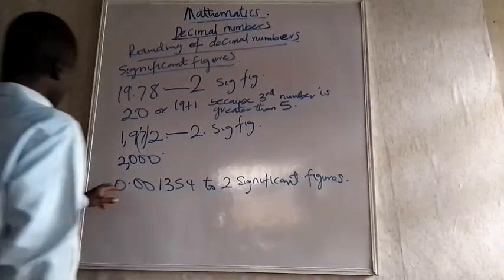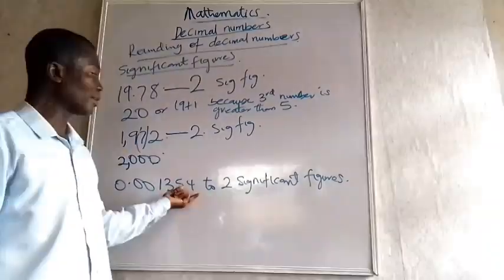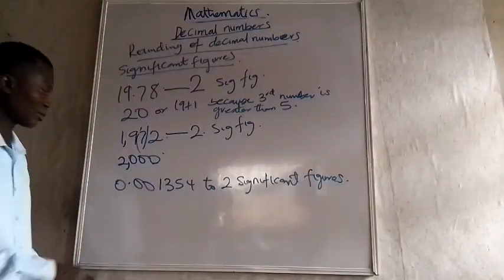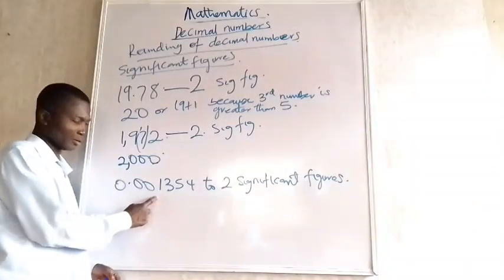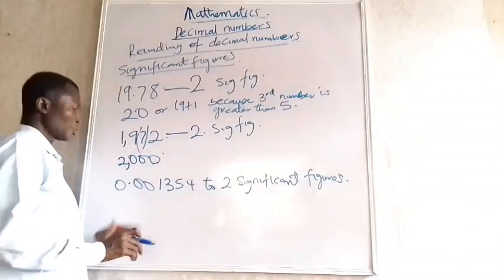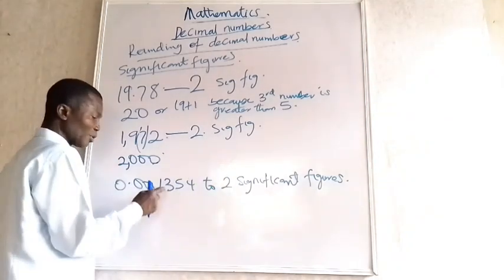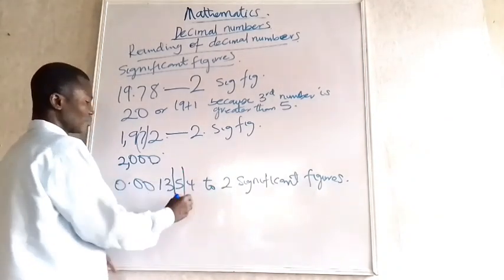Now, look at this. We have to round this number to 2 significant figures. You can see, when you are counting the significant figures, you count from the immediate one that has value. All these zeros, you will leave them. It is from here you will check. So, to 2 significant figures, I have 1, 2. So, what is the third number? It is equal to 5.